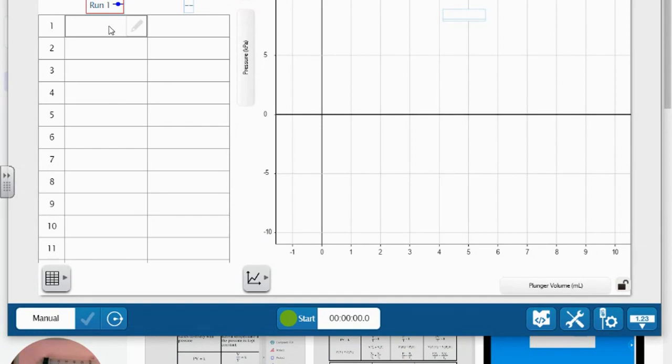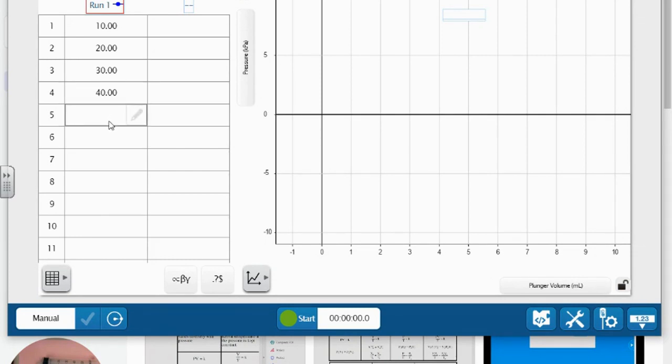And we're going to start, I think what I'm going to do is start about, let's say 10 milliliters. And then let's give it 20 and 30 and 40.